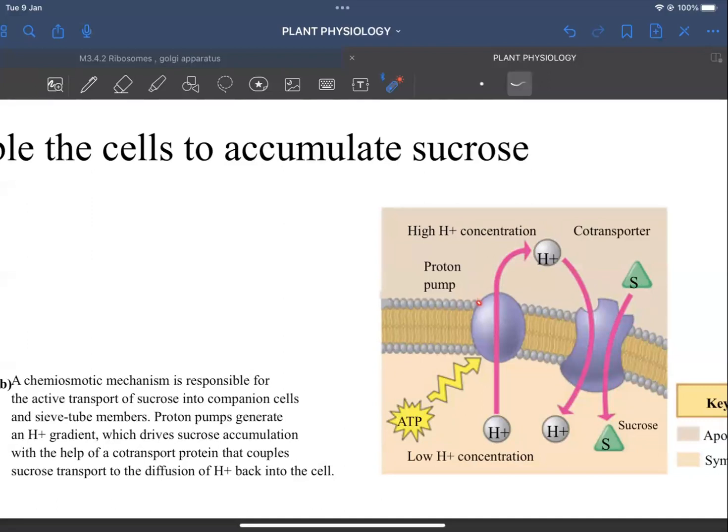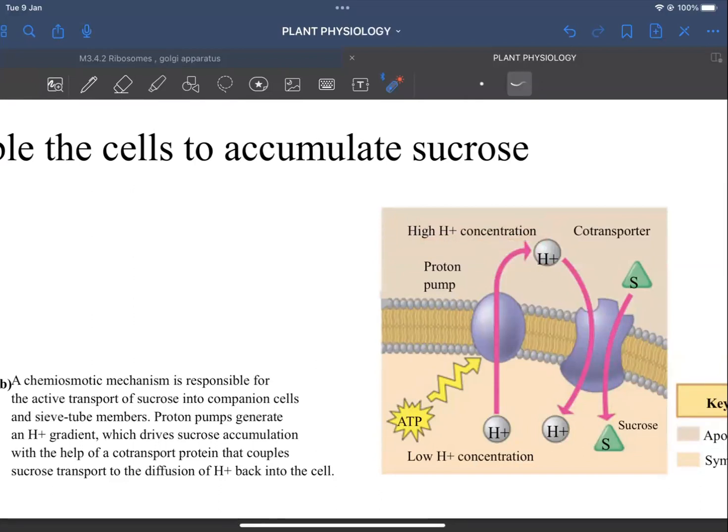These are the proton pumps, which generate a hydrogen ion gradient, where hydrogen from the lower concentration is going to be pumped to the other side, making a really higher hydrogen concentration there, which drives sucrose accumulation with the help of a co-transporter protein that couples the sucrose transport to the diffusion of hydrogen back into the cell.